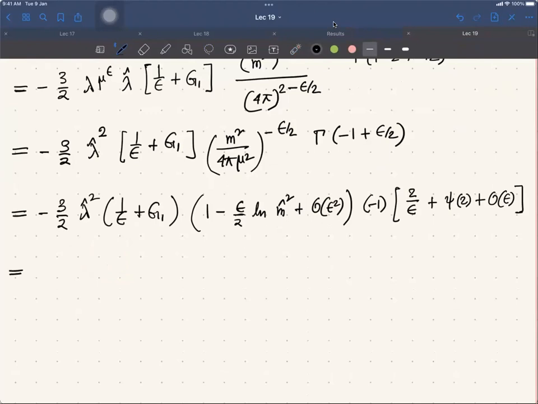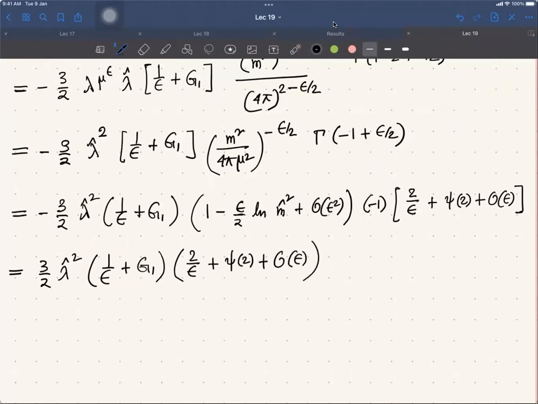That makes 3 by 2 lambda hat squared, 1 over epsilon plus G1, times 2 by epsilon plus psi 2 plus order epsilon, times 1 minus epsilon by 2 log m hat squared plus epsilon squared.